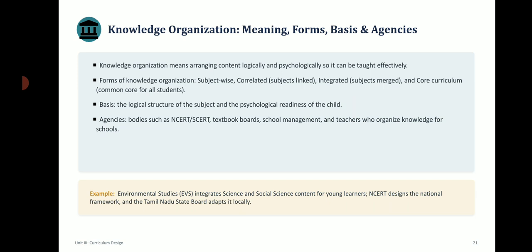So logical things should be there and the child should also be ready for that, right? Now agencies, of course, the role of NCERT and SCERT and even the Tamil Nadu textbook, NCTE, headmasters, teachers, everybody's roles get involved in this.